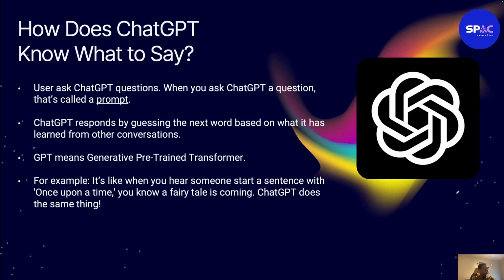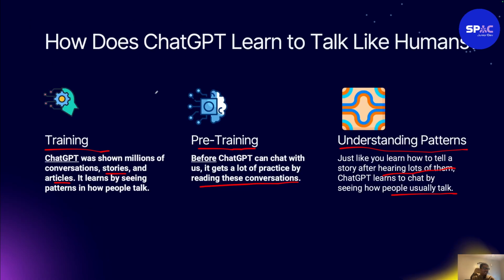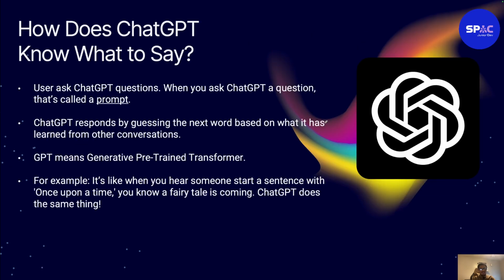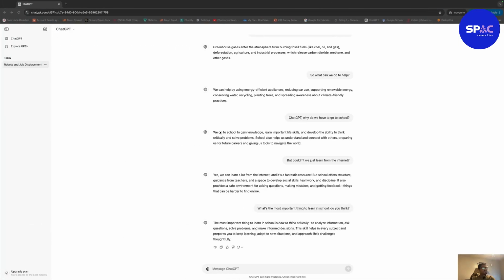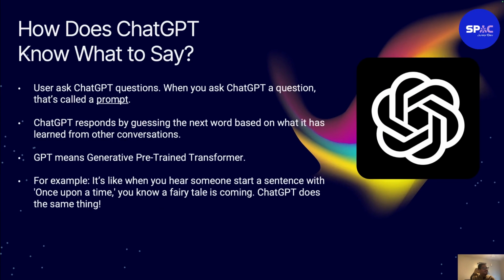So the next thing, how does ChatGPT know what to say? Okay, so if ChatGPT learns using all of this, when I ask ChatGPT a question, how does it know what to say at a particular time? How does it know exactly what response to give me when I ask this question? So let's look at it.